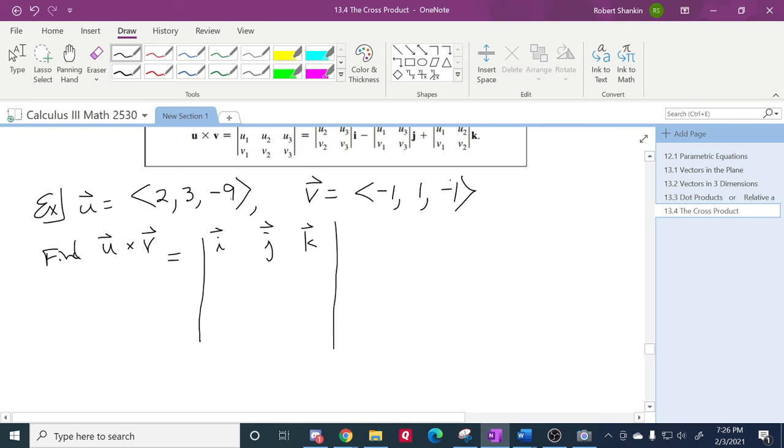We take the elements of U next, and then the elements of V. And then we do just what we've done before. Take I times the 2 by 2 that's left over, when I cross out this row and this column.